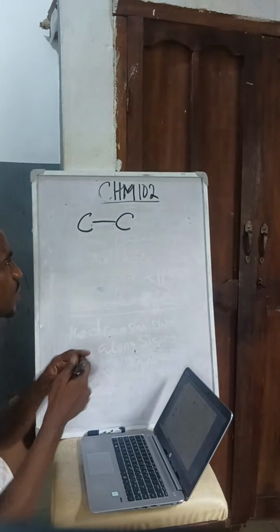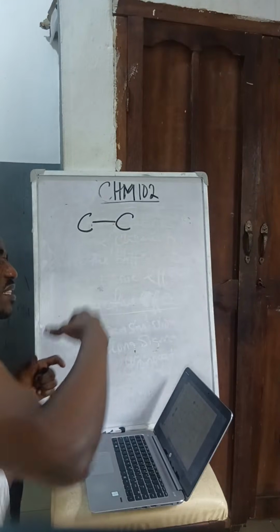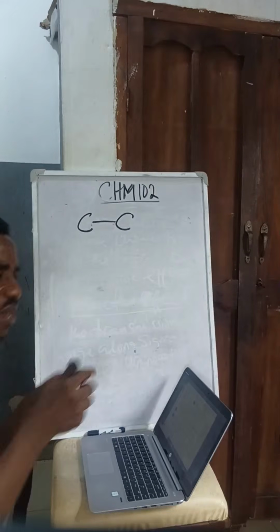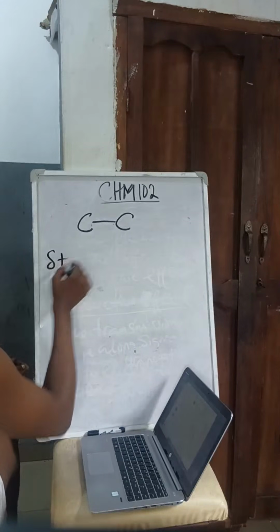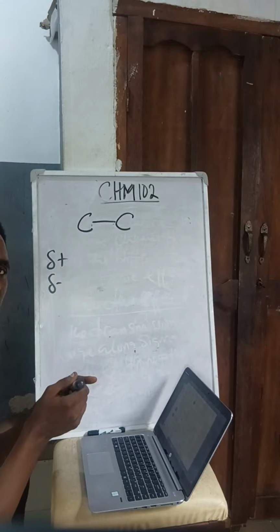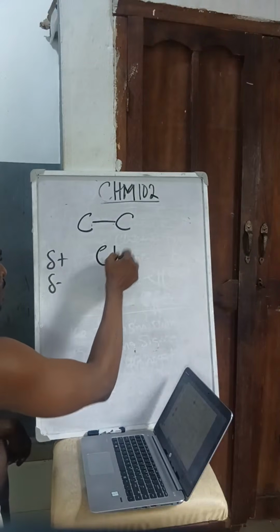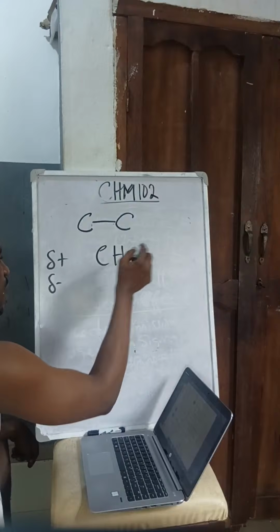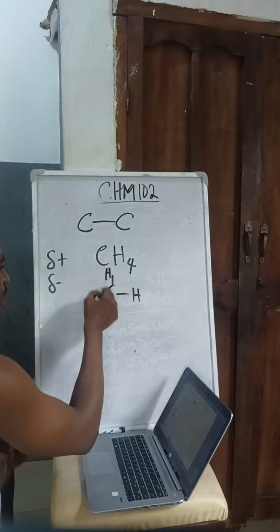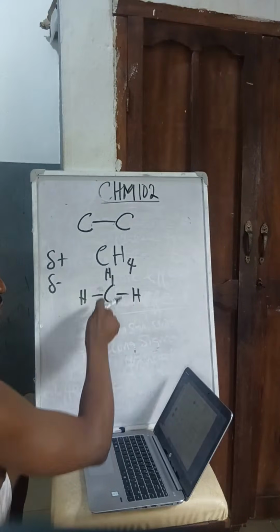But the question now is, inductive effect is just like polar covalent bonding, where you have charge distribution. Okay, now if you have CH4, that is C with H, H, H, H, and we want to detach hydrogen from carbon.